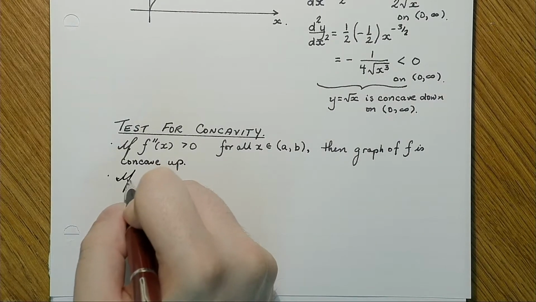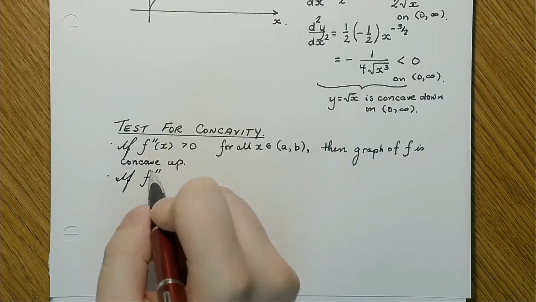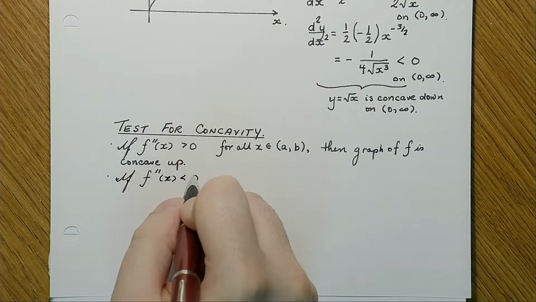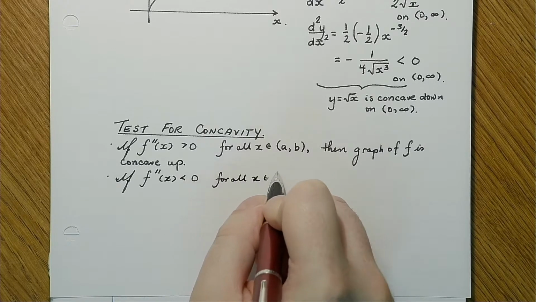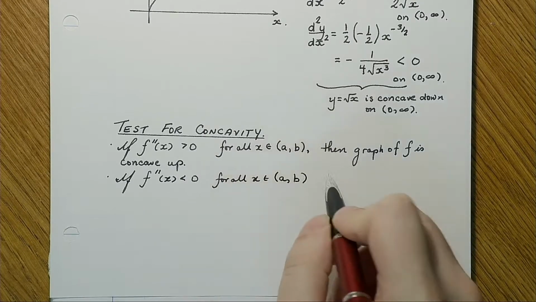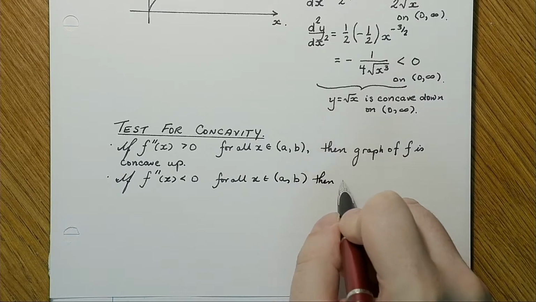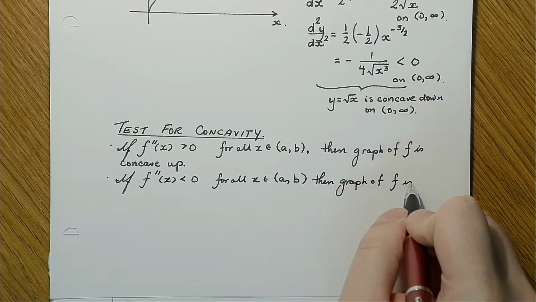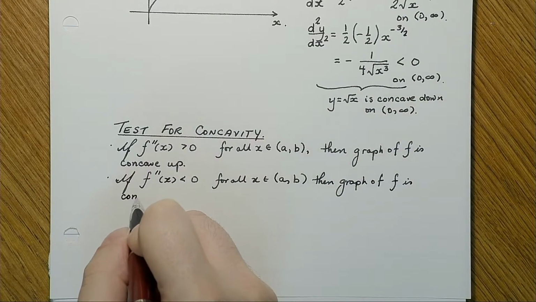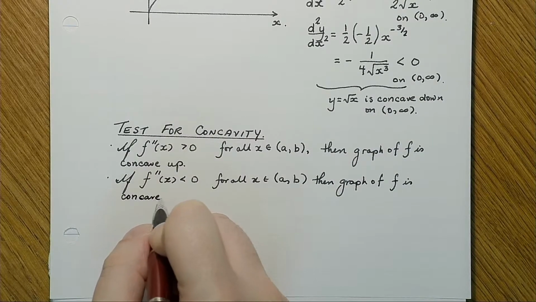And again, if it's negative for all x, then the graph of f is concave down.